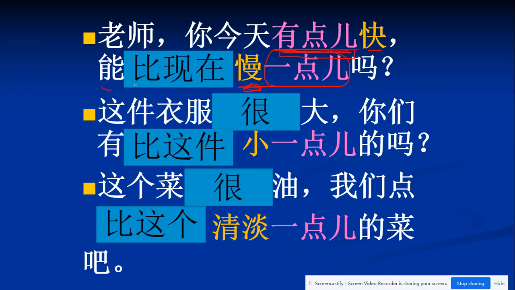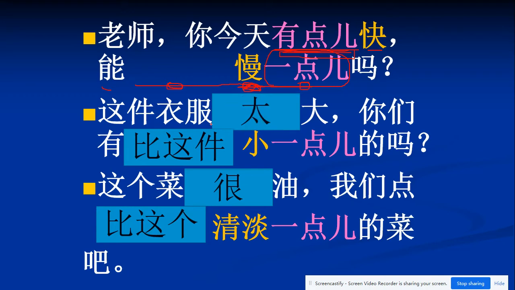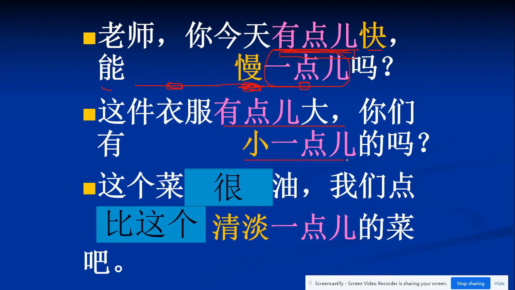你能比现在慢一点吗？Can you be a little slower than the current speed? You don't usually see this part because it's a hidden comparison sentence. You will just hear, 老师，你今天有点快，能慢一点吗？好，这件衣服有点大，你们有小一点的吗？Do you have a little bit smaller one?